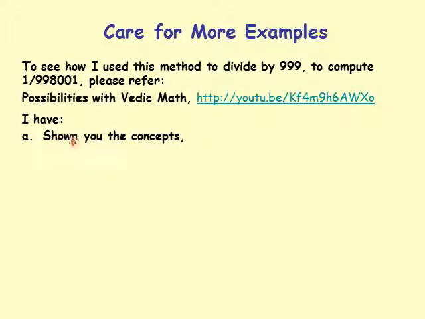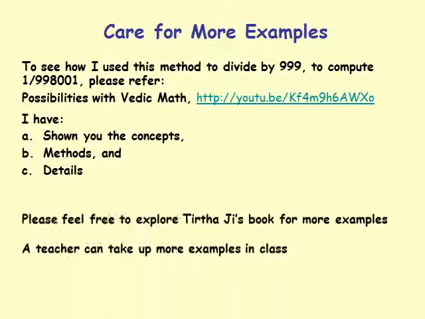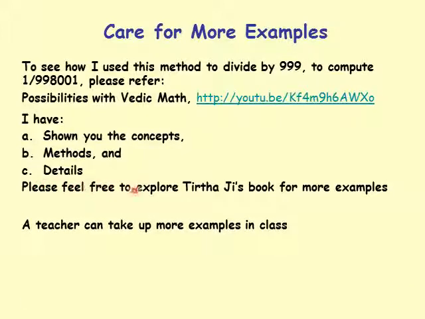I have shown you the concepts, methods, and details, and some examples. Please feel free to explore Tirthaji's book for more examples. A teacher can take up more examples in a class, and in my class I would try to do the same thing, take up some more examples.